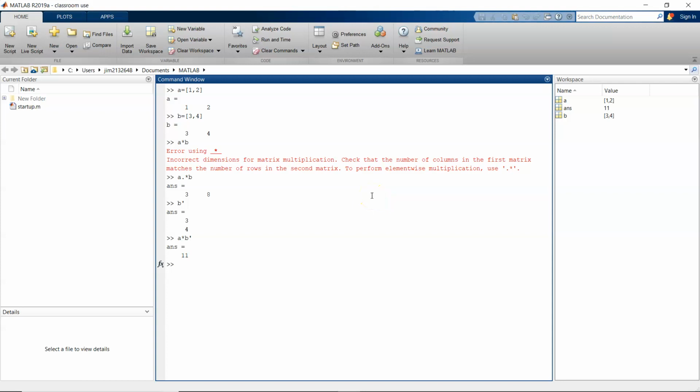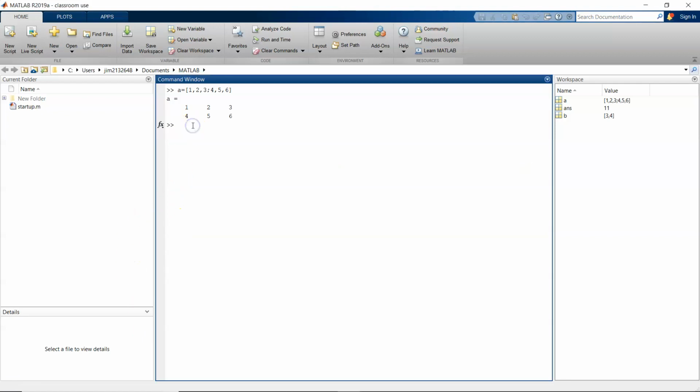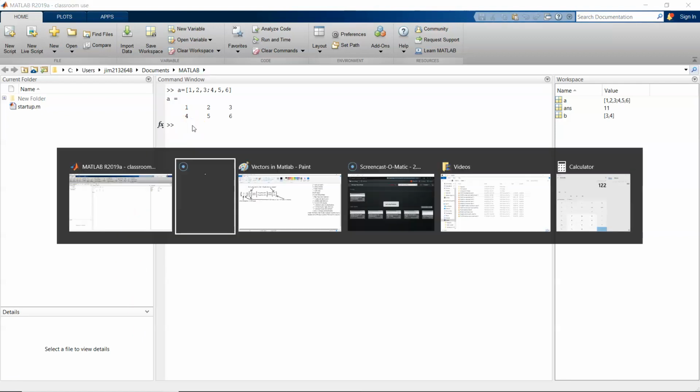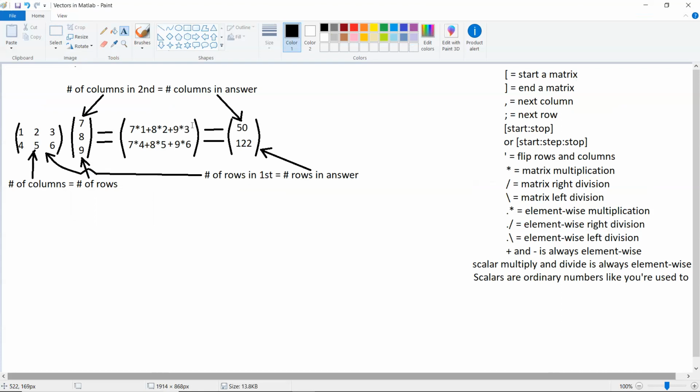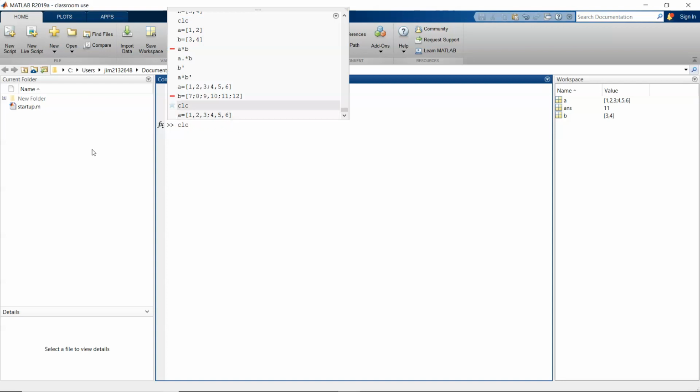Okay, let's keep going with this. Let's add another column. So we've got our matrix that we've seen before, right there. This one right over here. And now I'm going to create another matrix.